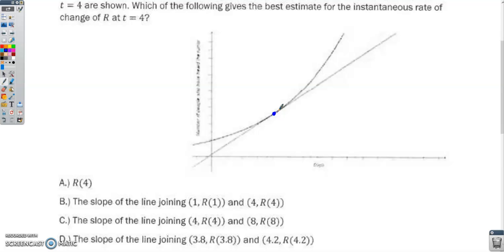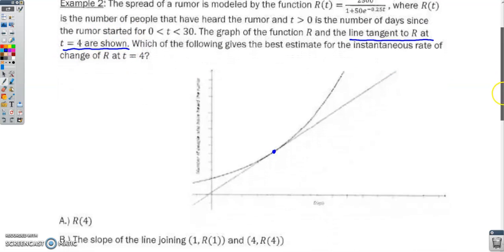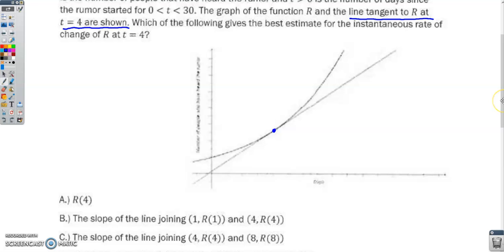We talked about the rate of change representing the slope at that point, which makes it really nice because we're told that we have the line tangent to r at the point shown. And so the instantaneous rate of change is really going to be the slope of this line that we see right here. That's the actual instantaneous rate of change of the function.